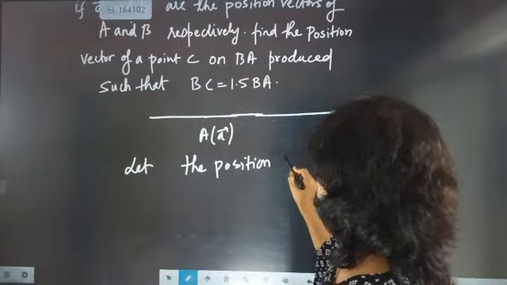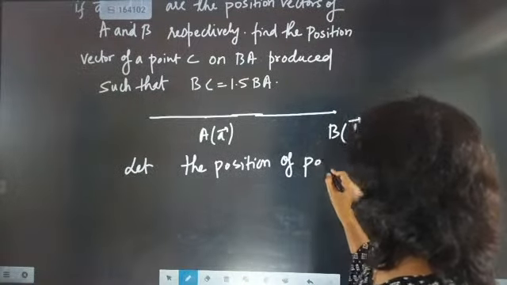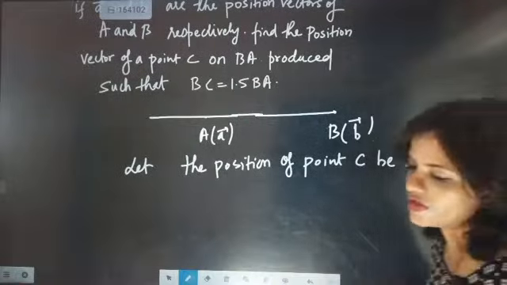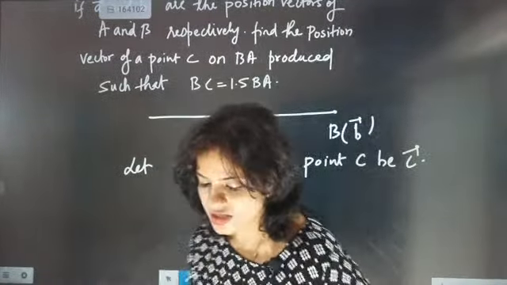Let the position of point C be C vector. Okay, we have written the position of point C be C vector.